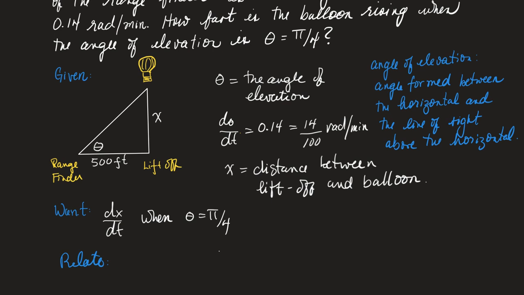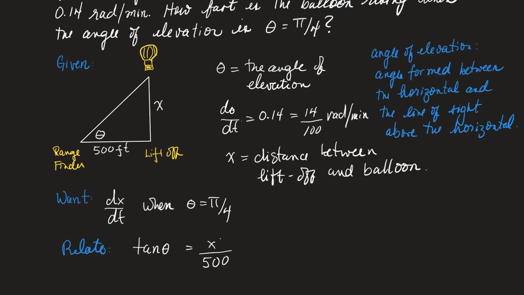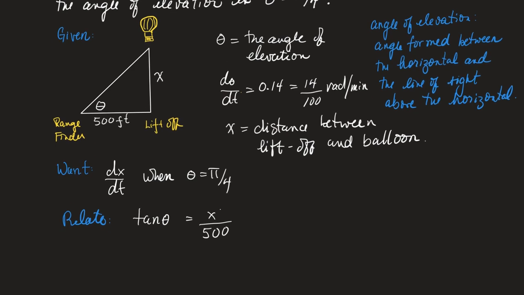So let's relate. So we have tan theta is x over 500. So I've related my variables, theta and x. My next step, I'm going to differentiate.